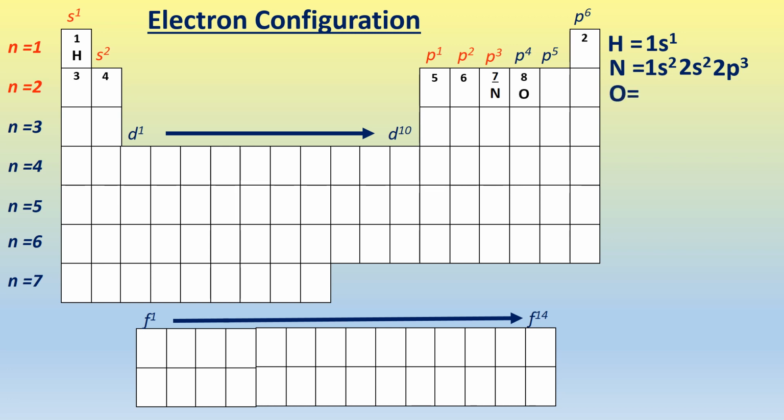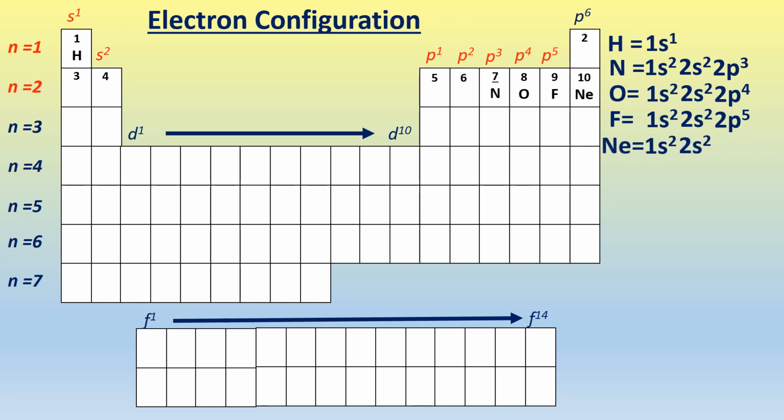Oxygen next to nitrogen is going to have all of nitrogen's electrons plus an additional electron at 2p4. Fluorine, again, is going to be 1s2, 2s2, and one box over, 2p5. Neon is 1s2, 2s2, one more box is 2p6.